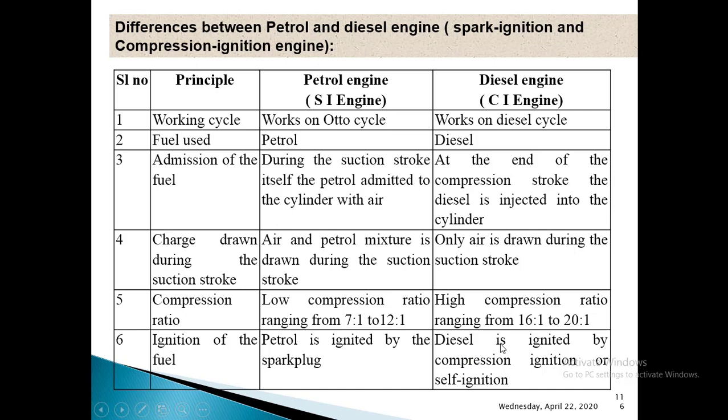The diesel fuel injected into the engine cylinder undergoes combustion just by the heat of the compressed air. So remember, diesel is ignited by compression ignition, whereas petrol is ignited by the spark plug. This is one more difference between petrol engine and diesel engine.